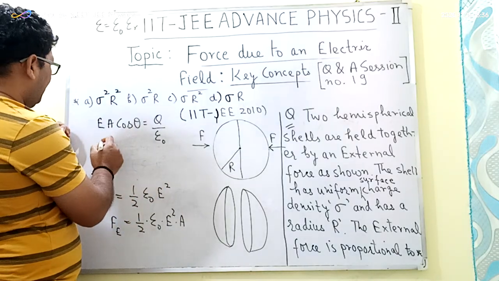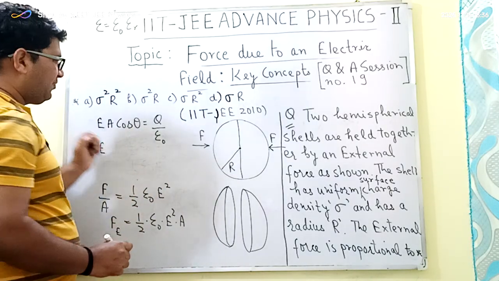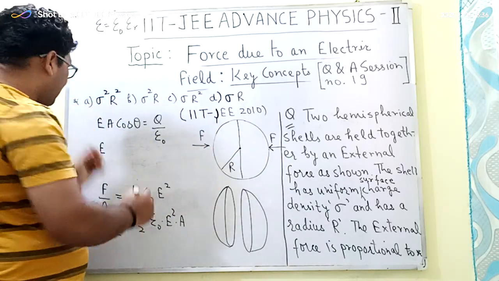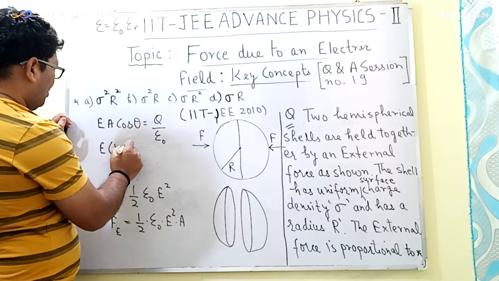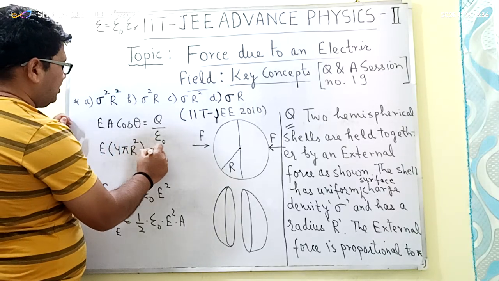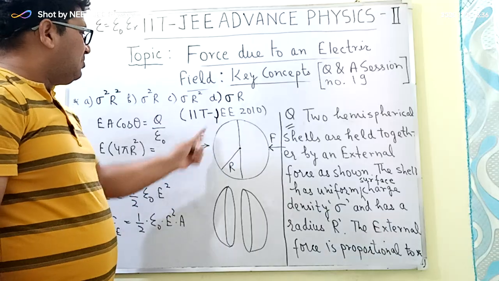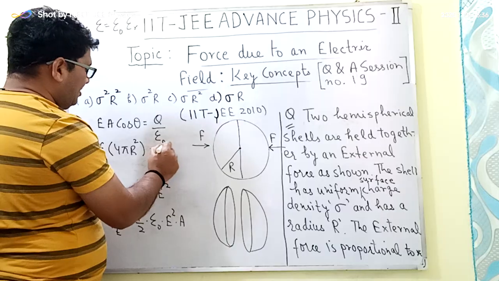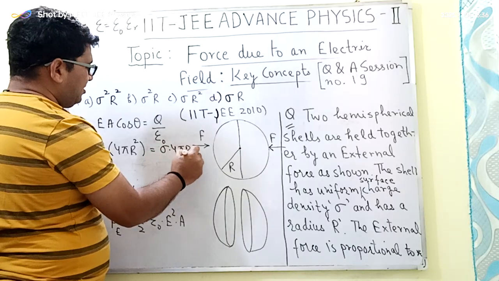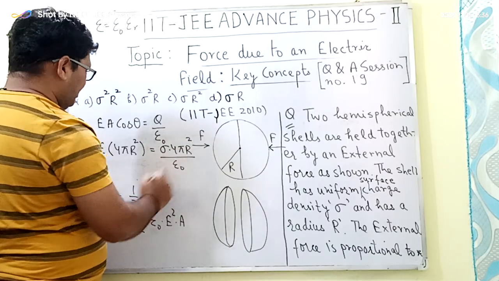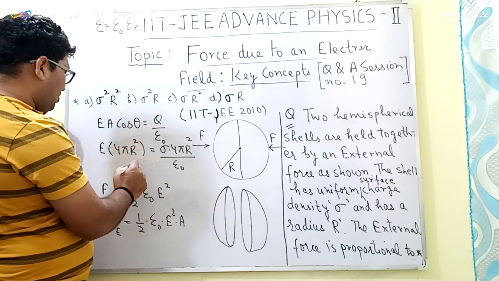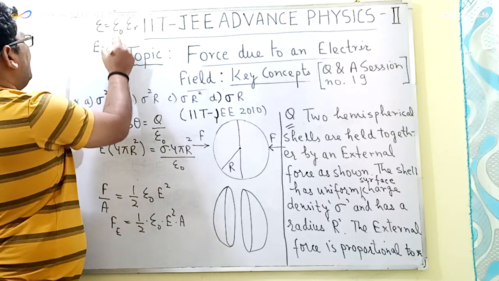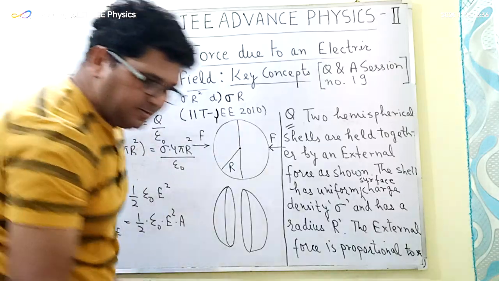So cos 0 will be equal to 1. And so the intensity of electric field at any point on the surface of this shell will be E into 4 pi r square, and Q here is the net charge enclosed by this surface. So this will be equal to sigma into 4 pi r square divided by epsilon naught. So from here the value of E is equal to sigma upon epsilon naught.